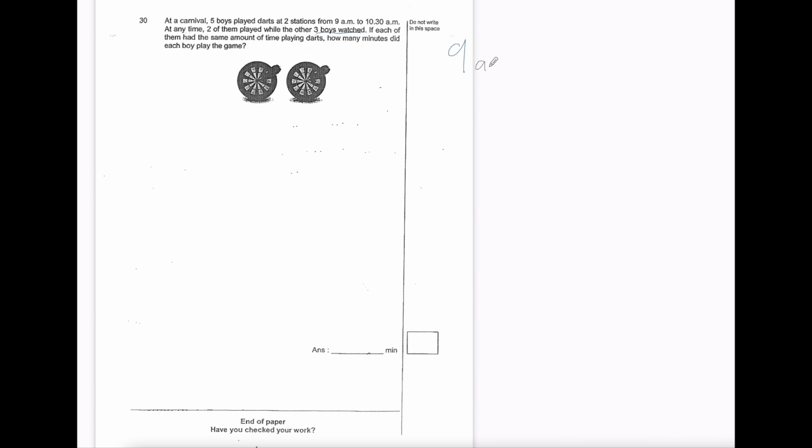So from 9 a.m. to 10:30 a.m., it's a total of 1.5 hours, correct? And 1.5 hours equals to 60 minutes plus half an hour is 30 minutes, okay? So total is 90 minutes, okay? And this dartboard will be available for the boys to play for 90 minutes, correct?